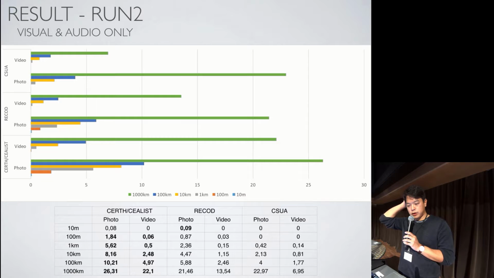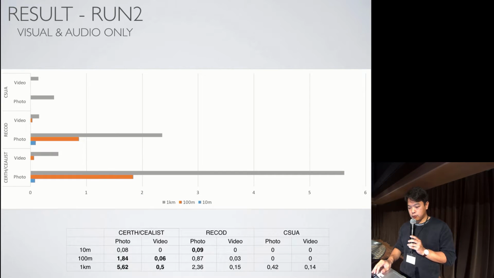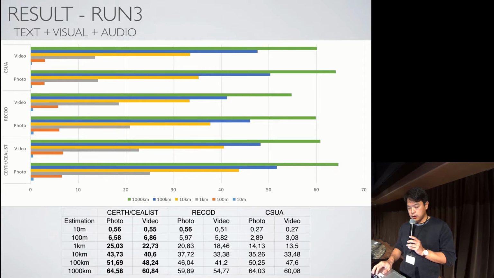Using the visual and audio, it's even worse. So text does provide very good insight into where the photo was taken, but the visual features are working, though still not as powerful as text. And when we zoom in, you can see that it's very hard.